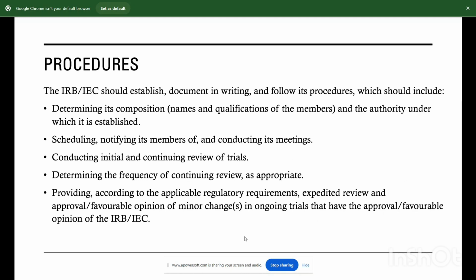They have to schedule the EC members' meetings, and if any EC meetings are scheduled, this information should be communicated to the other EC members. They have to conduct the initial and continuous review of the study. They have to decide how frequently the EC meeting has to be conducted.